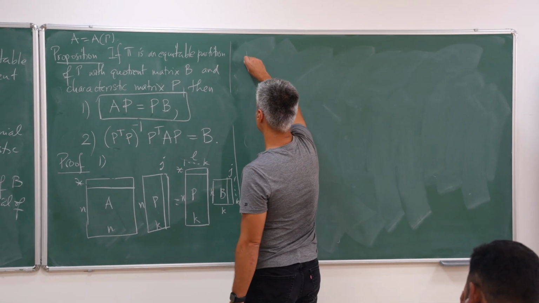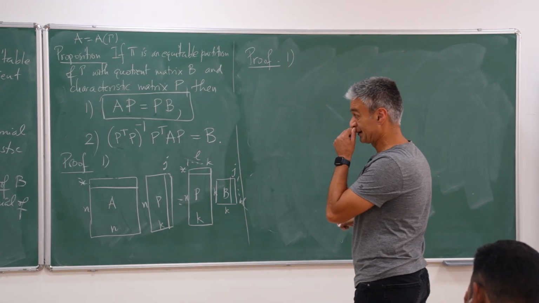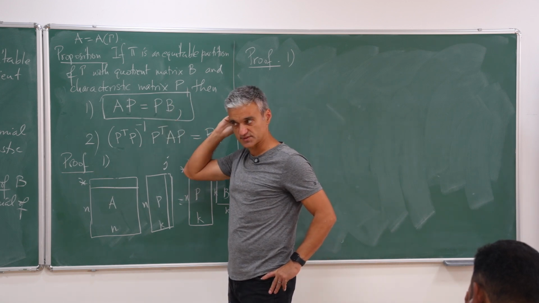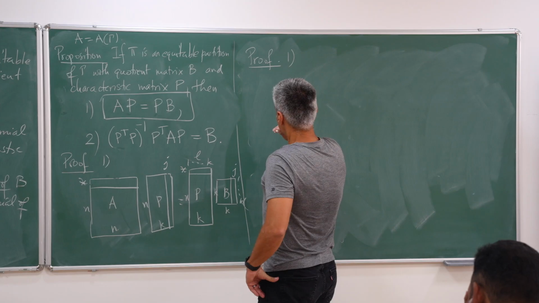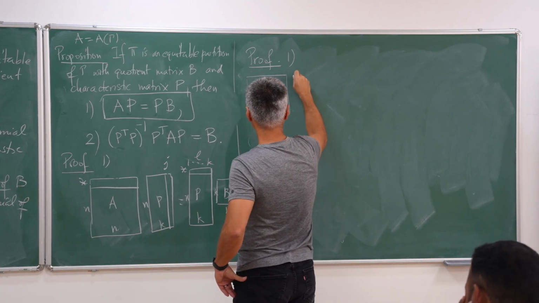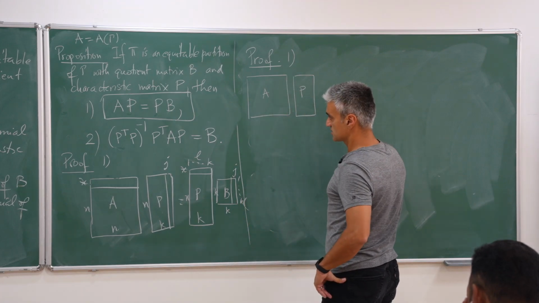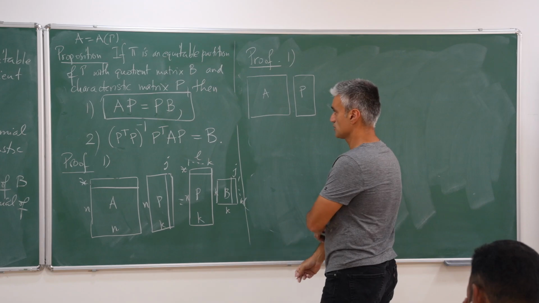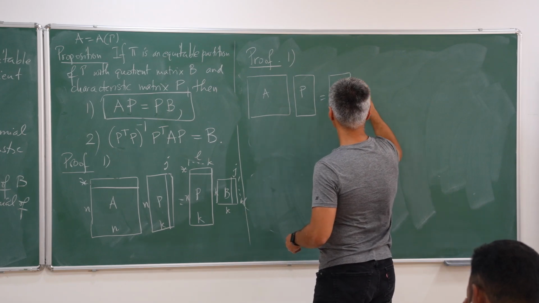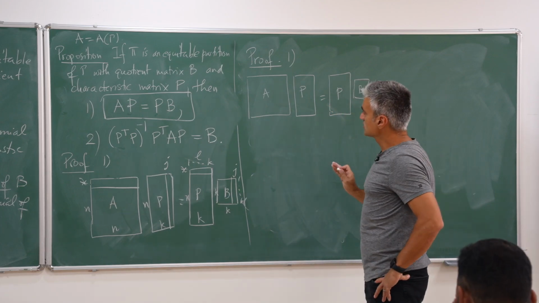Okay, proof. So the key thing is this result. This is the key to us. So again, what we have is this big matrix A times P equals a linear combination of the columns in P. Now, what we'll do is extend P a little bit.